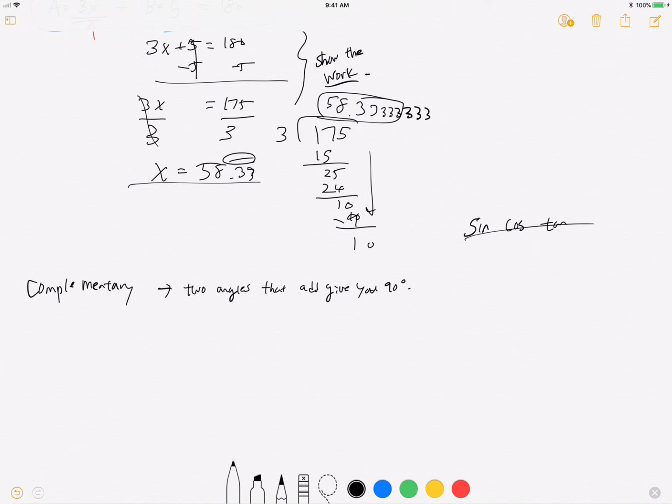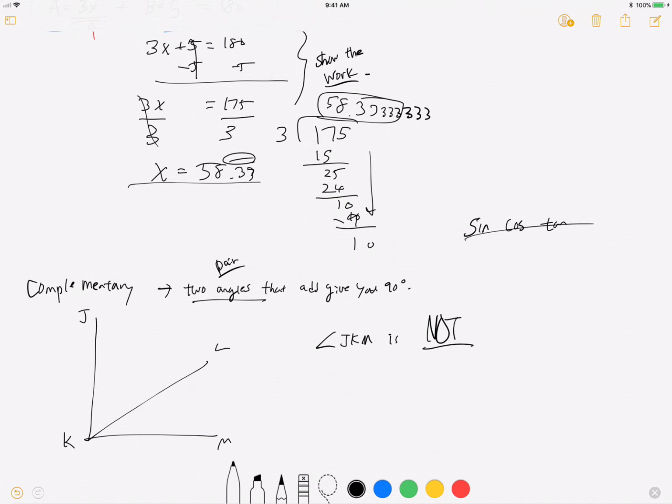So before, supplementary was 180, but now we're talking about complementary, which are a pair of angles that add to give you 90. So if I do it again, well, JKLM, your angle JKM is not complementary because there's no two angles that complement each other.